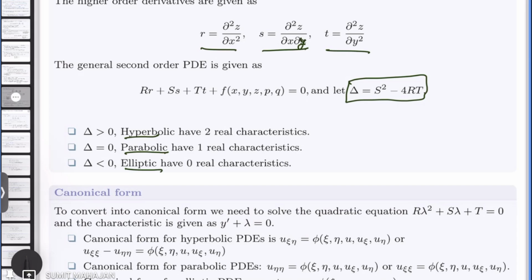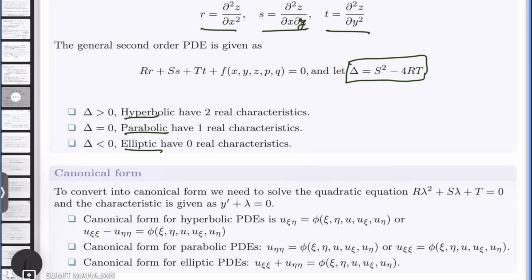I'll come to what these characteristics are. And if delta is equal to 0, then we say that our differential equation is parabolic and it has one real characteristic. And if delta is strictly negative, then we say that it is an elliptic differential equation and it has zero real characteristics. There will be some imaginary characteristics but no real characteristic.